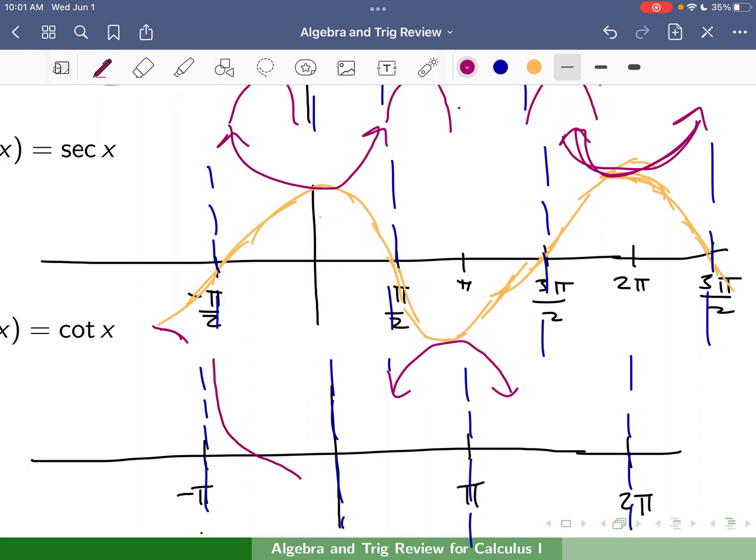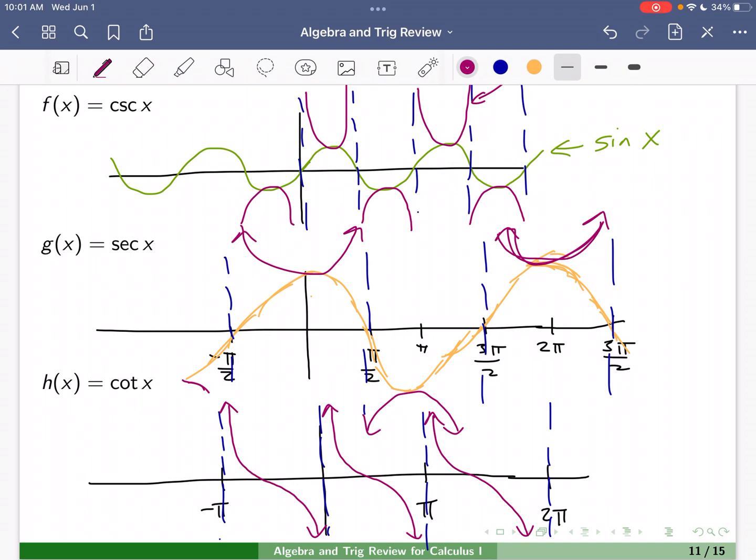So instead of increasing from left to right, it is going to decrease from left to right. That's our cotangent graph. Perfect. So now all of those are our trig graphs. We will use those at a variety of times. It's good to have a sense of what they look like.